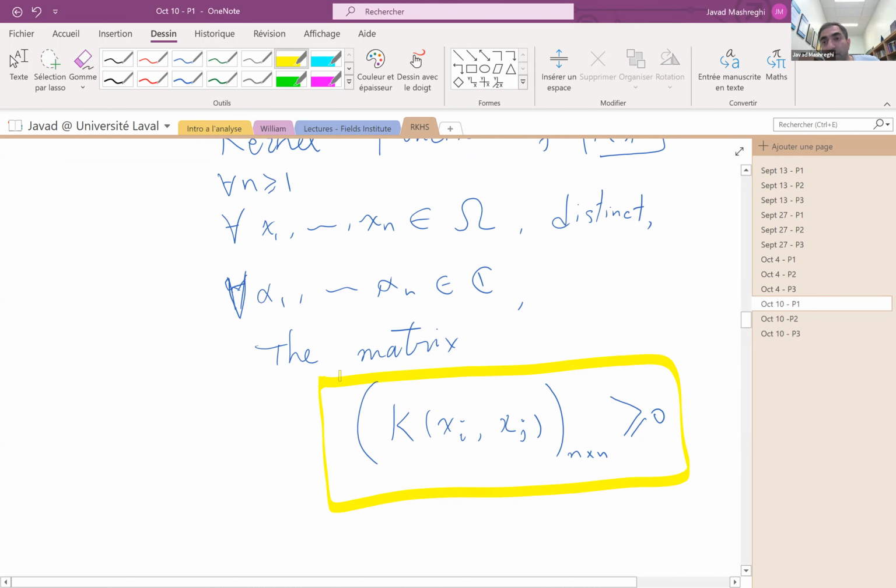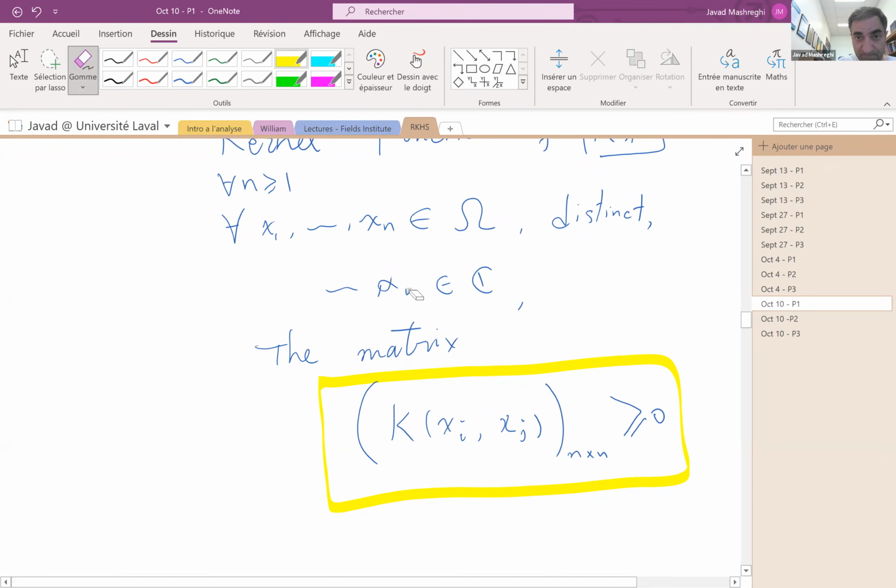So there's a lot of liberty here. The dimension is free, it can be dimension 1, 2, 3, any n. And the choice of the points is also arbitrary.